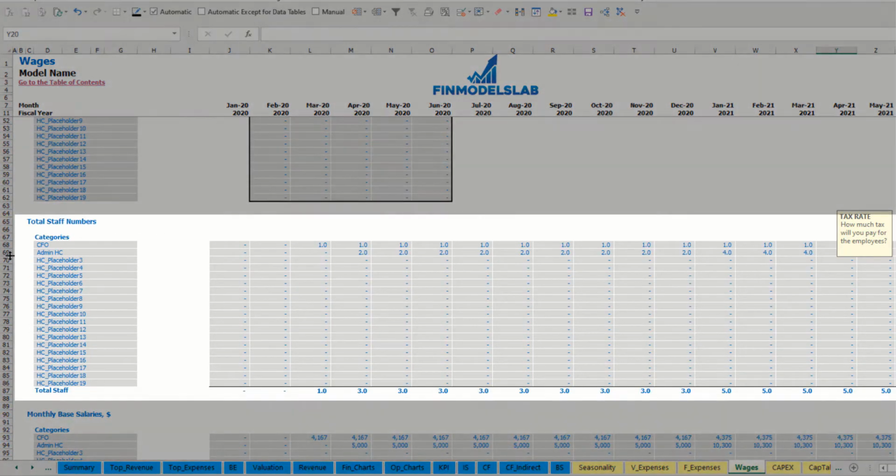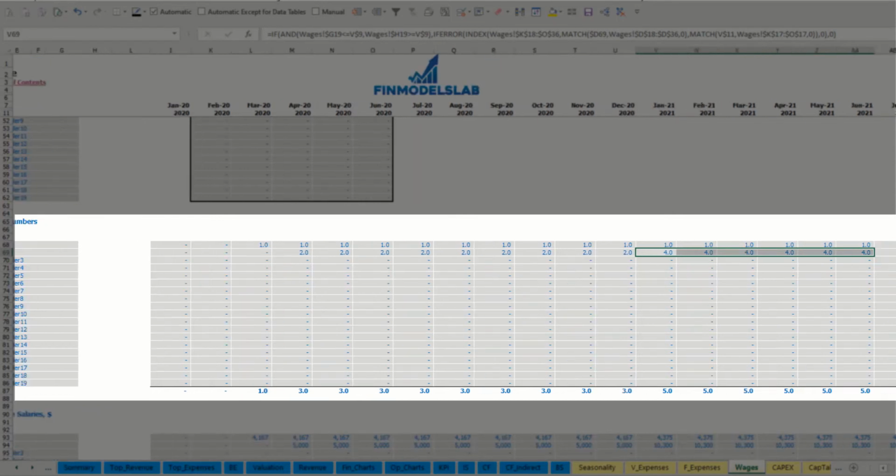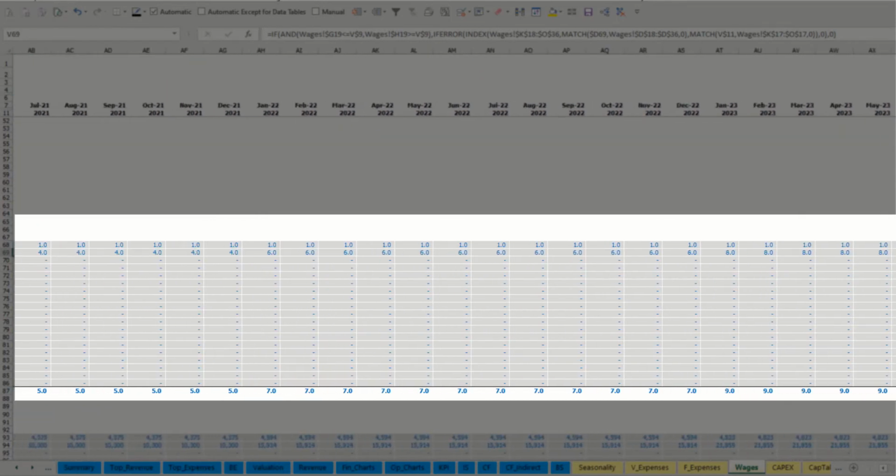So in here you may see total staff numbers, which is 2 for year number 1, 2020. Starting from year 2021, you'll have 4, then 6, 8, and 10 in the last year of the model.